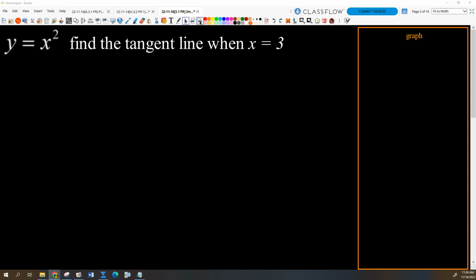How am I going to get my point? Plug it in. I'm just going to plug x equals 3 into my function to find the other half of that ordered pair, right? So we get the ordered pair x equals 3, y equals what? 9.